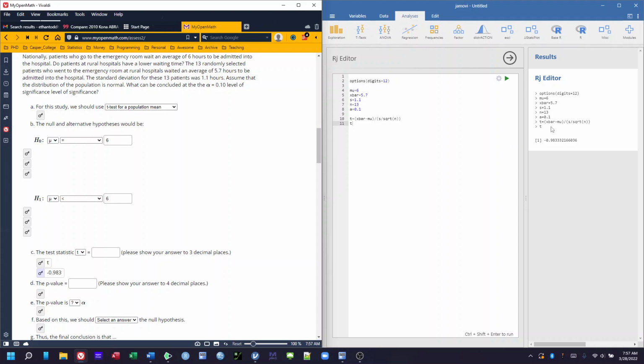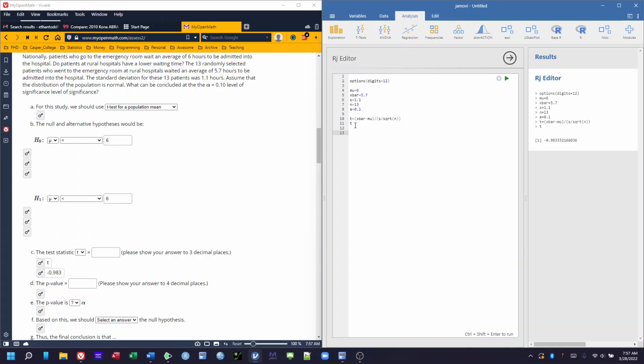Now, in order to get our p-value, there's a couple of ways that we can do it. Historically, people used tables in order to find it out, but we can actually use Jamovi, and this is something that we've already done before. It's just set up a little bit differently. If we ask the question, what would be the probability if we were to take another sample and get a result this weird or weirder?